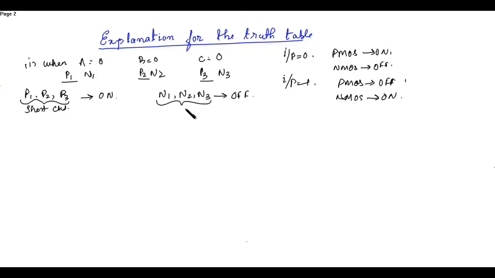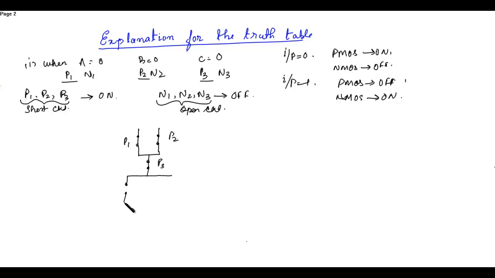When N1, N2, N3 turn off, they get open circuited. Now how do you represent the short circuit? Since P1 and P2 were in parallel, P3 was in series. So it's short circuited. This is P1. P2 is also short circuited. This is P2. P3.